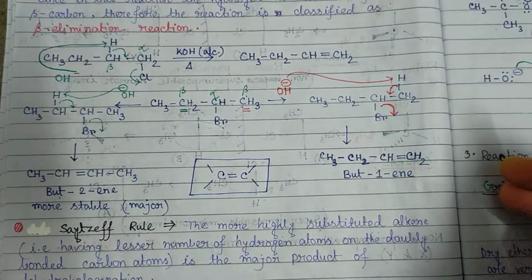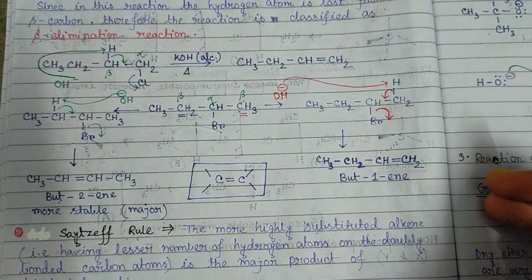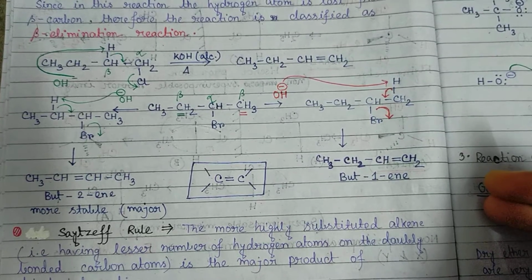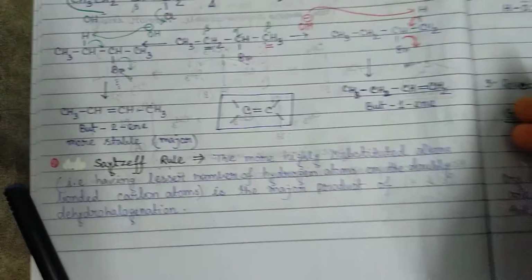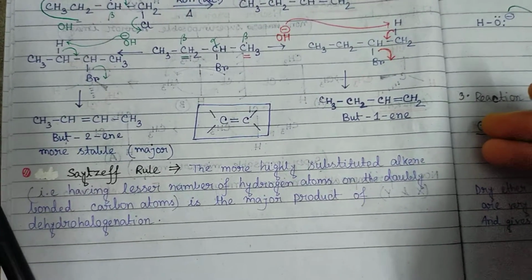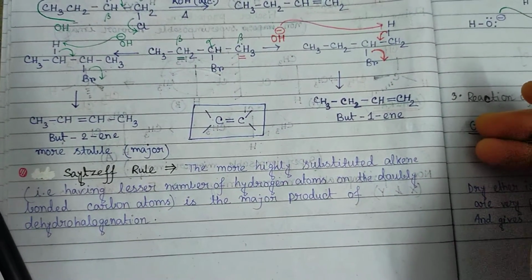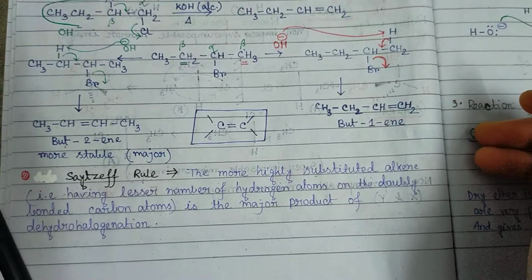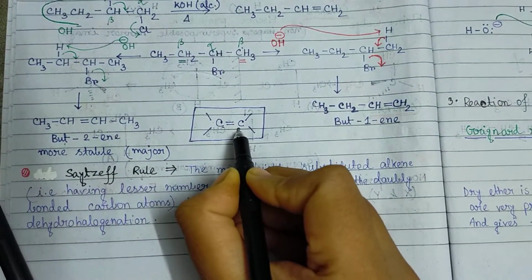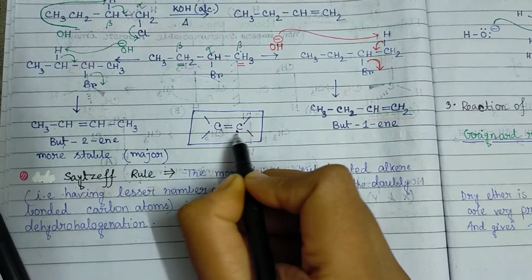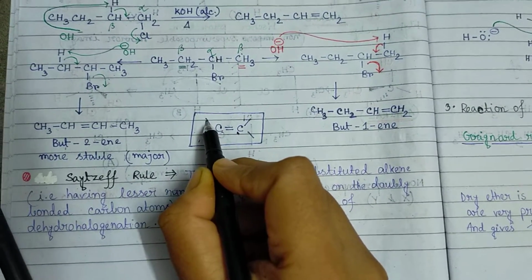So how do we determine which one will be the major product? The major product is determined by the rule called Saytzeff rule. According to this rule, the more highly substituted alkene wins. If this is the carbon-carbon double bond, then there can be 4 hydrogens maximum.